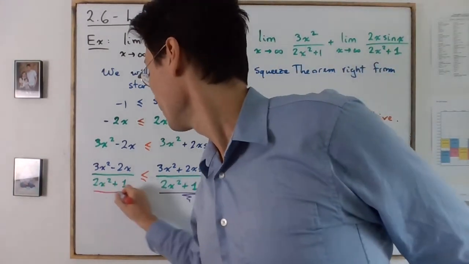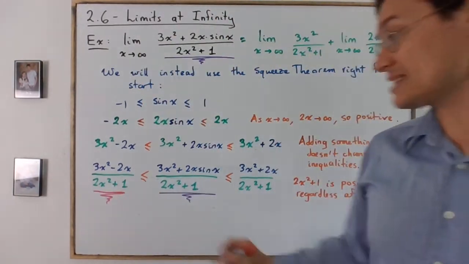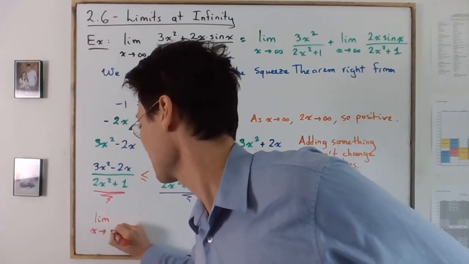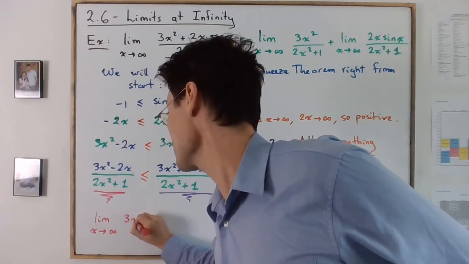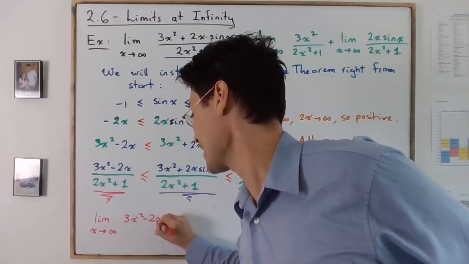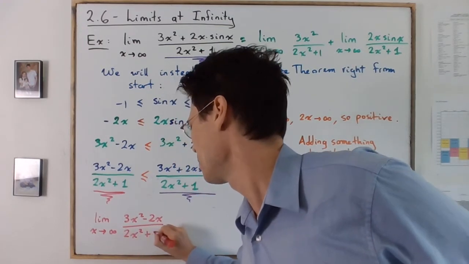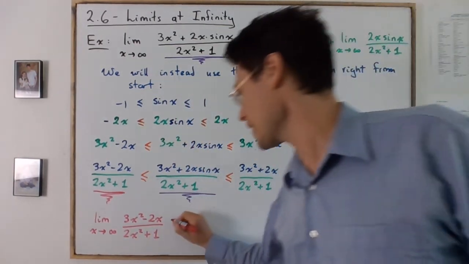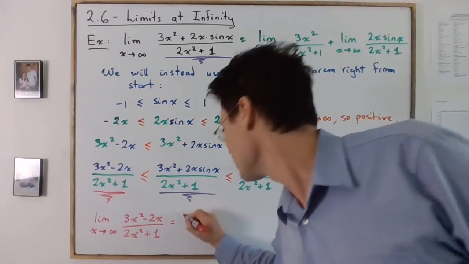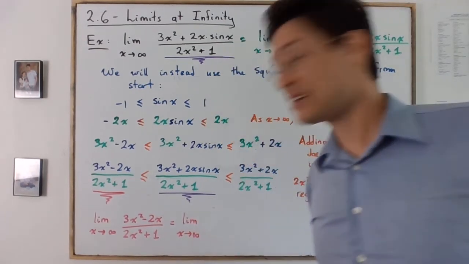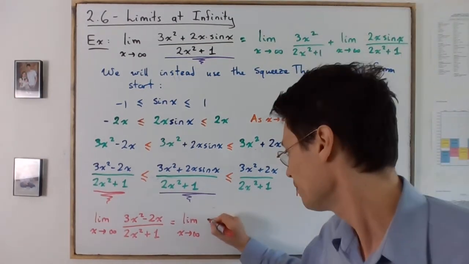Okay, good. So we take the limit of this as x is approaching infinity of 3x squared minus 2x over 2x squared plus 1. To take this limit, basically you factor what's large.